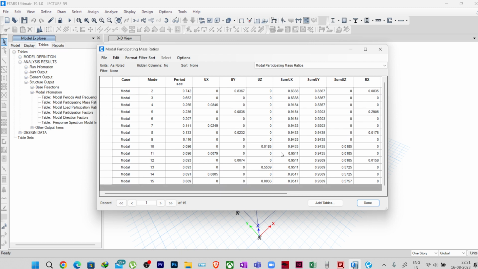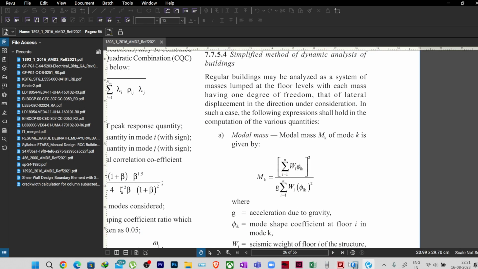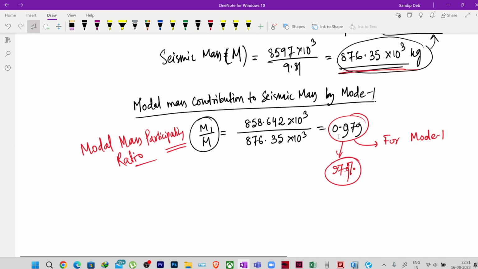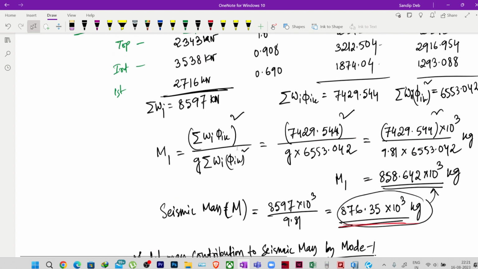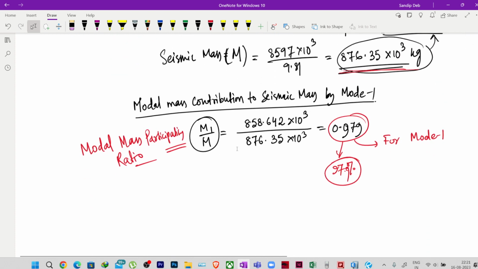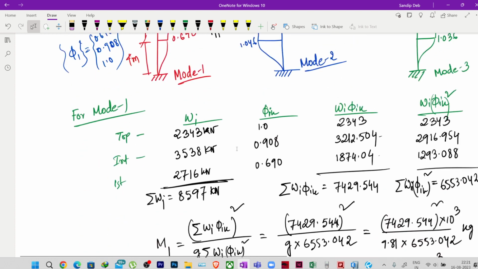Now if you see this sum of ux, sum of uy, what is this? Suppose I have calculated the mass participation for mode 1. Similarly I can calculate the mass participation for mode 2, mass participation for mode 3, for one particular direction I am doing.